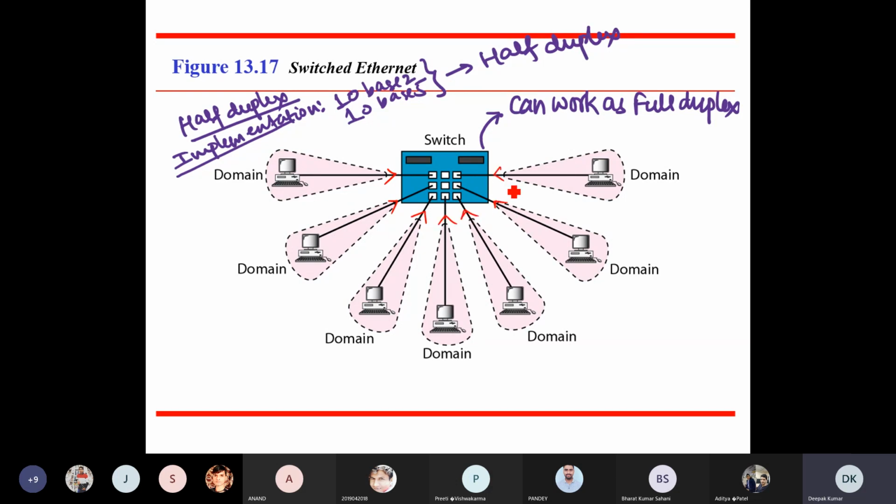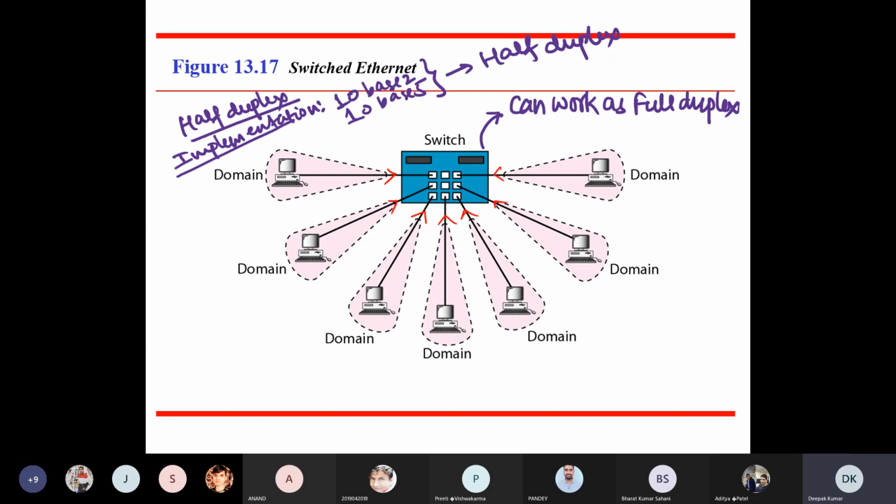Larger number of ports, but in a bridge only 2 or 4 ports will be available. So the bridge is applicable when a smaller number of nodes is present over a smaller network. A switch can support a larger network, or a large number of nodes.